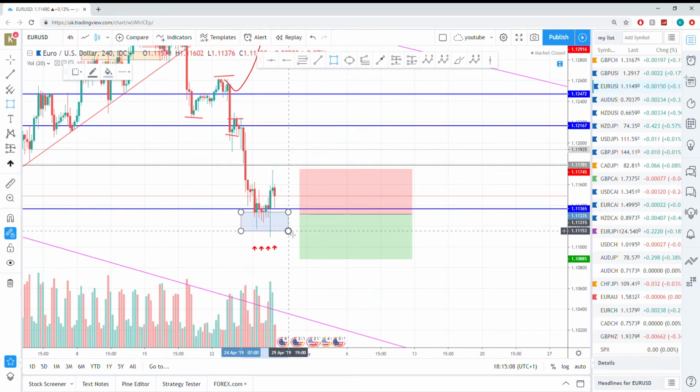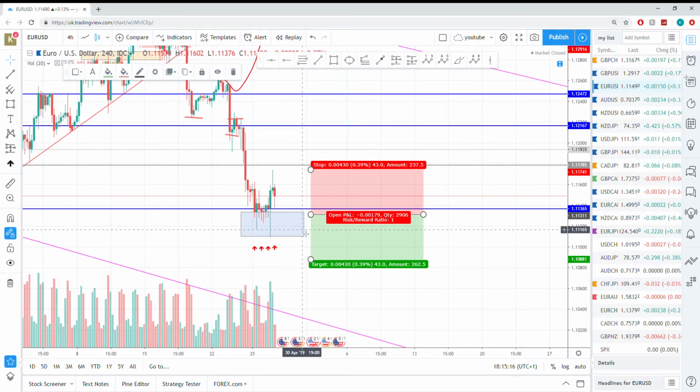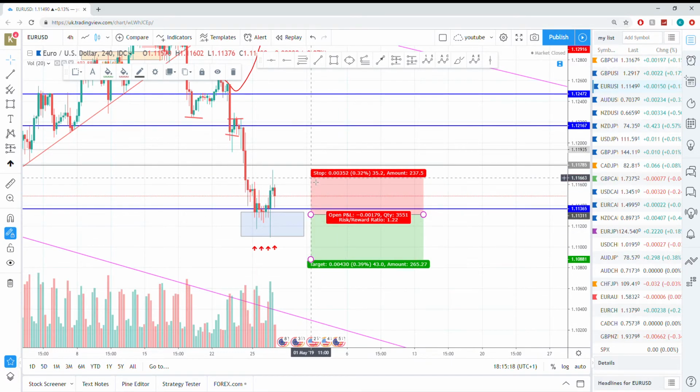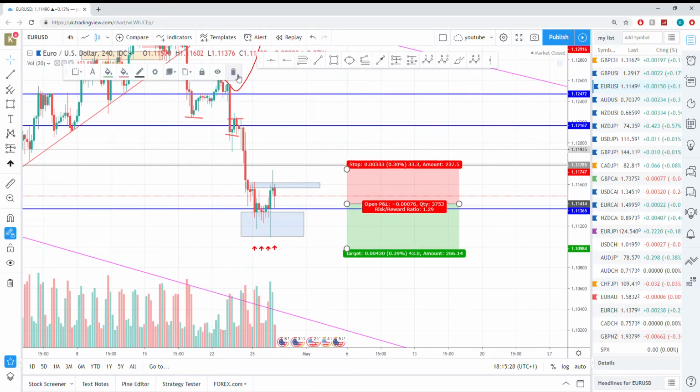What I mean is, if we can get a candle to close in this area, this would give me the impression to look for a short. However, if we start to break above this zone here, then I'll be looking for a buy.